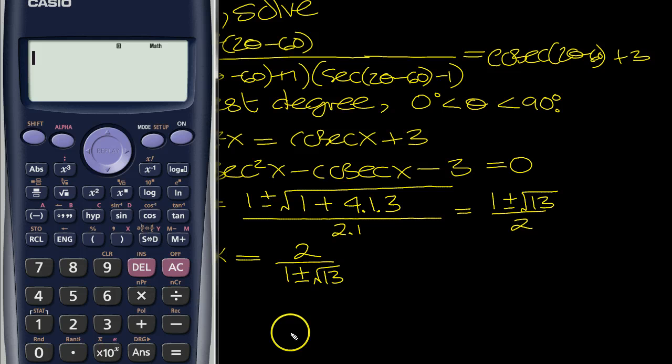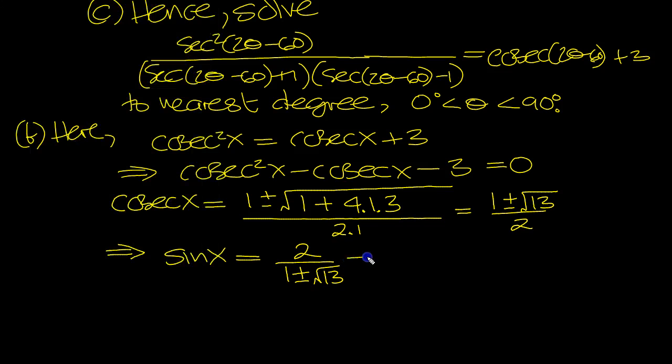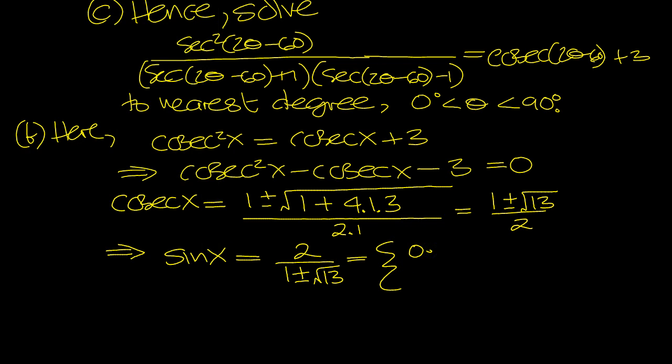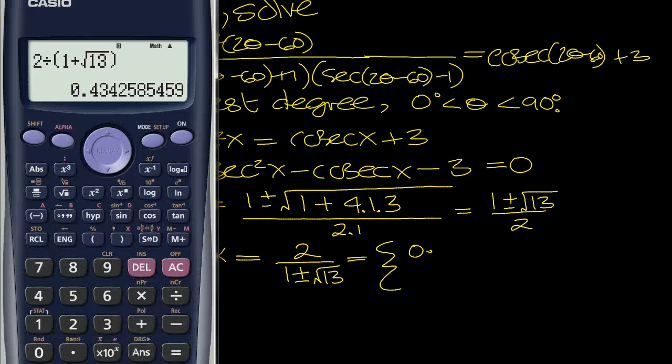Now the difference is 1 minus root 13. So let's have a look at these on the calculator then. The first one will be 2 divided by bracket 1 plus root 13, close bracket, equals the decimal 0.43425.